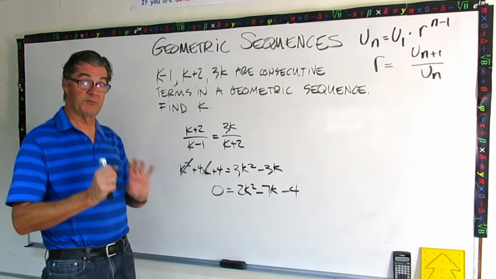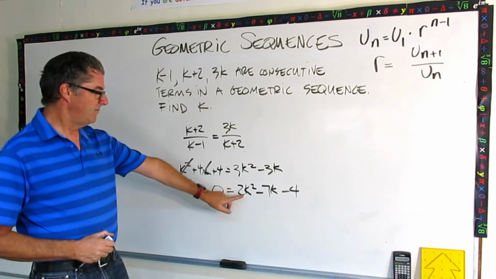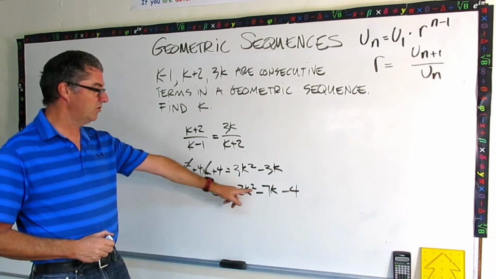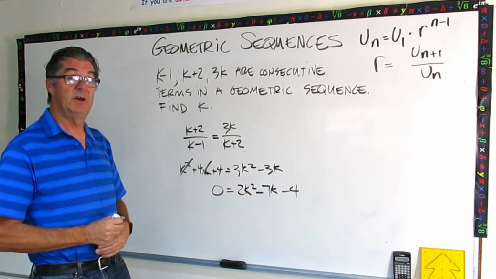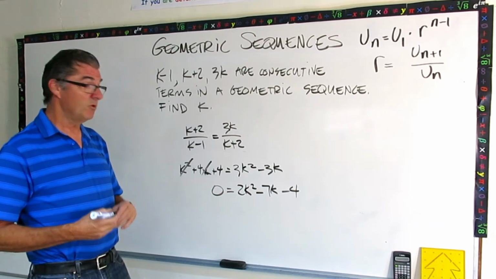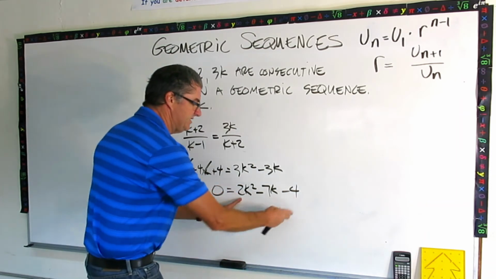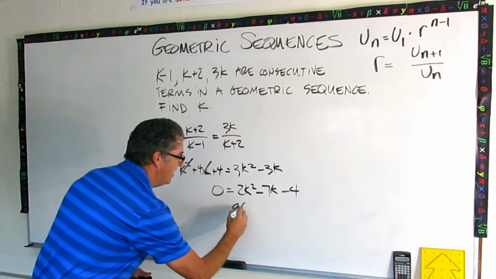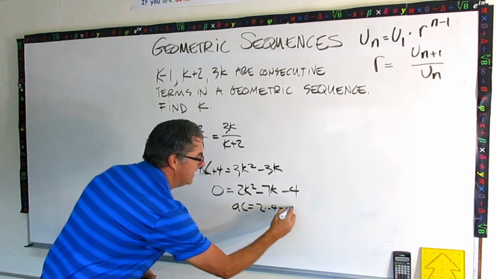Okay, I'm going to go through this. This is assumed prior knowledge, but when you have a number besides 1 in front of your quadratic term, your squared term, you have to use this technique called splitting the middle term to perform the factorization. So the way we do that is we find out what our AC is. There's the A, there's the C. You multiply those out. So AC is going to be 2 times negative 4, or negative 8.